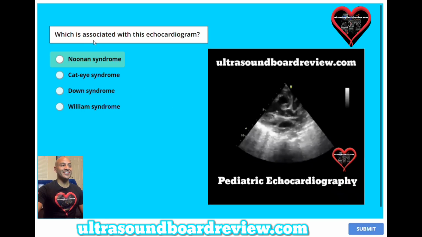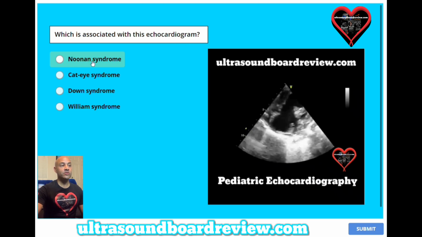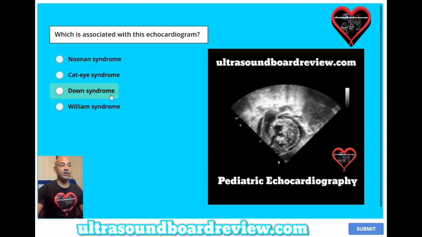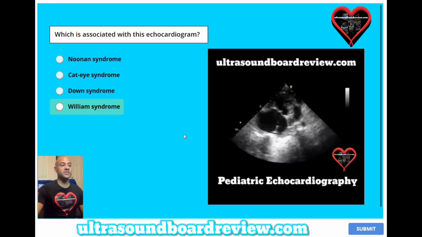Question 136. Which is associated with this echocardiogram? A, Noonan syndrome. B, cat-eye syndrome. C, Down syndrome. Or D, Williams syndrome.